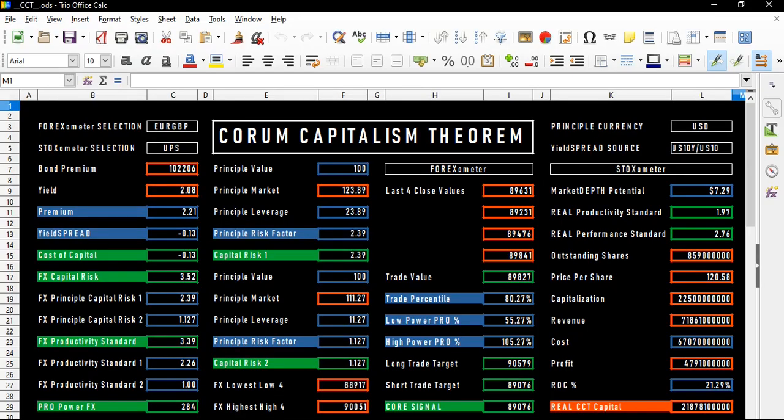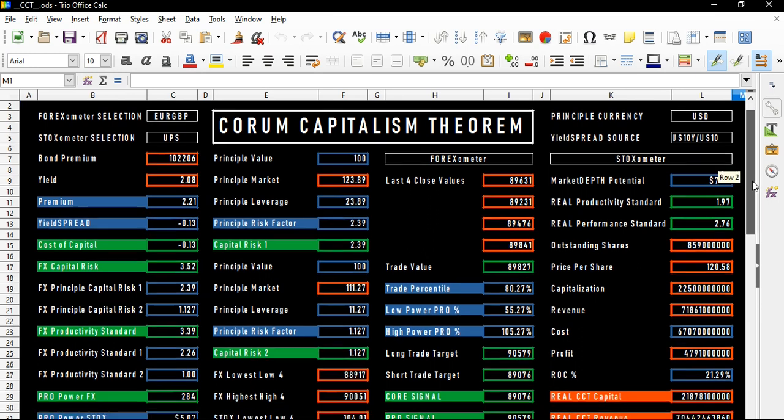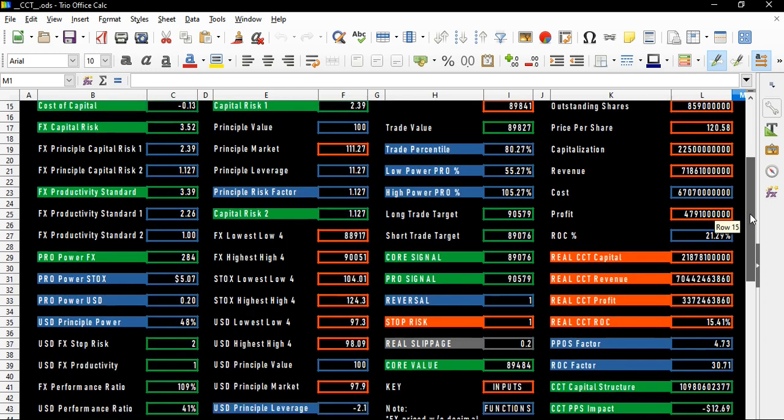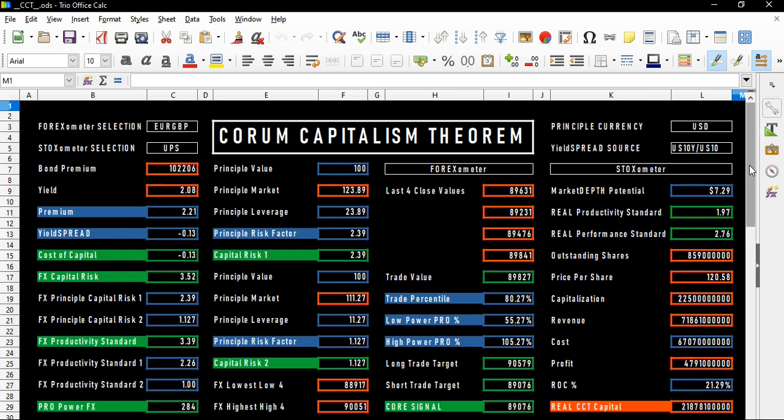First, this is what the Quorum Capitalism Theorem Trade Focus spreadsheet looks like. To get started, all of these orange boxes are data entry boxes. So one thing that you have to make certain of is when you go through the Quorum Capitalism Theorem Pro Calculator, that you get all your data entry in all those orange boxes.